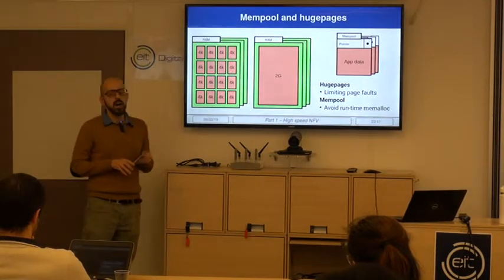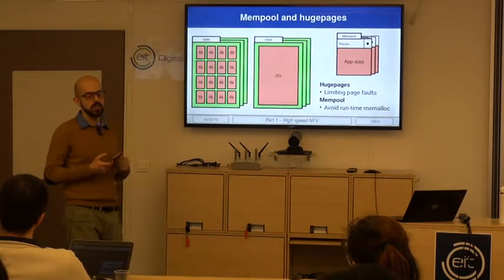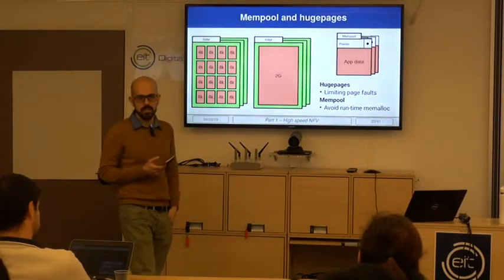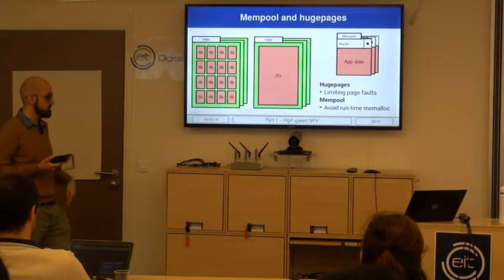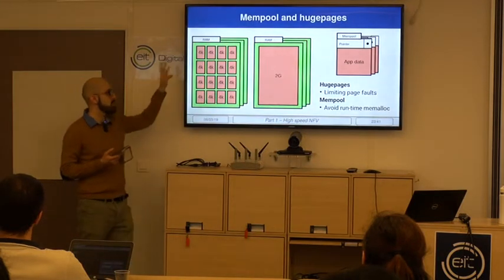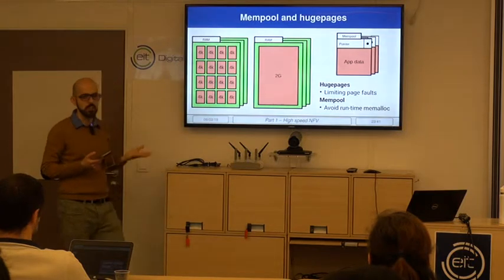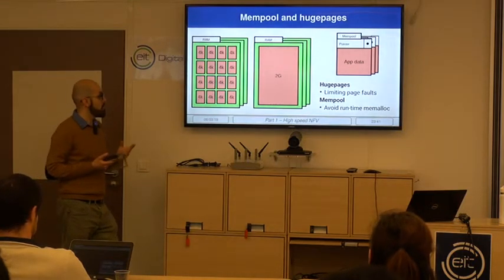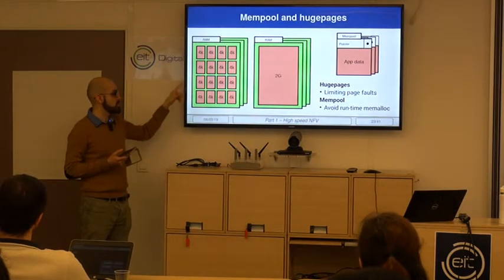Then there are some other techniques that are mostly related to the memory allocation of the underlying operating system, such as huge pages and mempools. In Linux, typically we have our RAM, our memory, divided into multiple pages of 4 kilobytes. But what happens when we run out of memory in one of these pages?